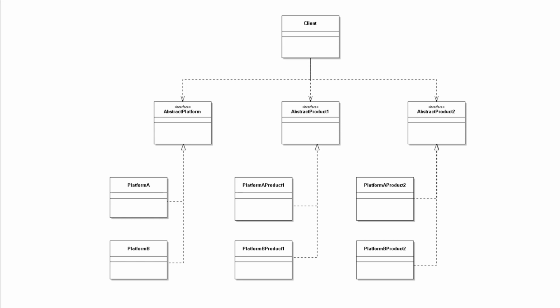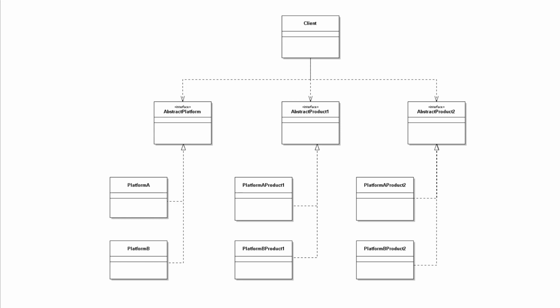And those are the products, right? So you can think of the text boxes as one of the products, so we'll call that product 2, and then you can think of buttons as product 1, maybe. And so in that case, platform A would probably be dark theme, and platform B might be light theme. So each theme is going to produce a button or text that is in line with that actual theme, right?